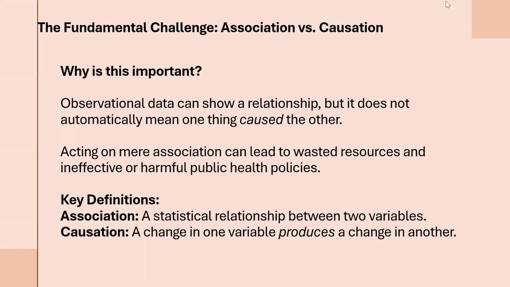But this relationship that we see does not automatically translate to saying that one thing causes the other. So acting on mere association can lead to wasted resources and ineffective and harmful public health policies. So key definitions here to include will be: association is a statistical relationship between two variables.